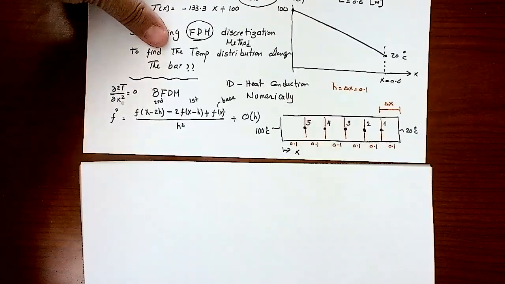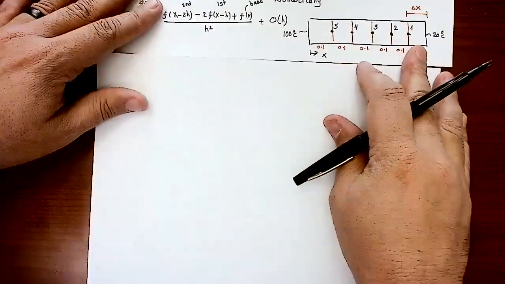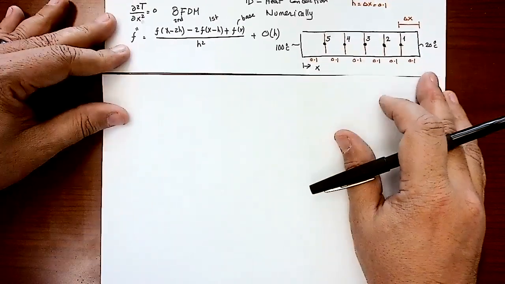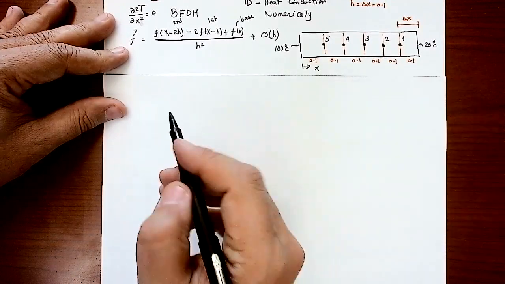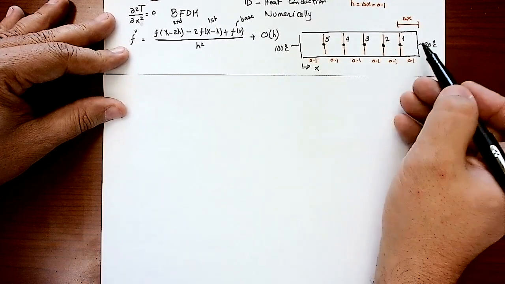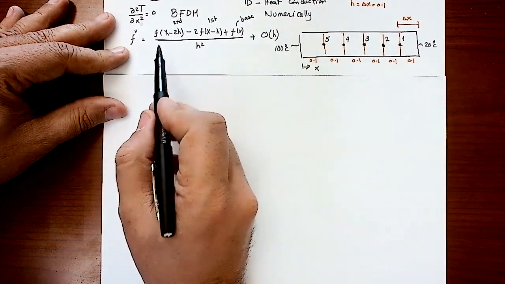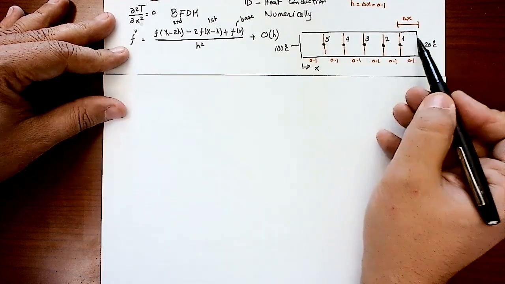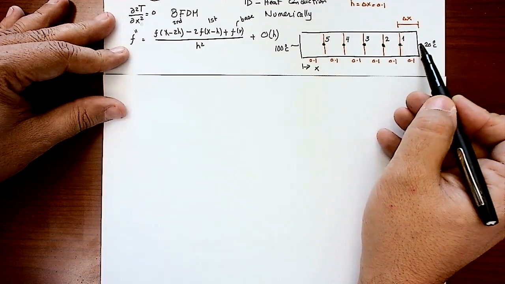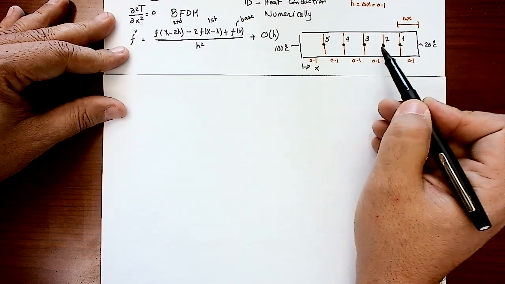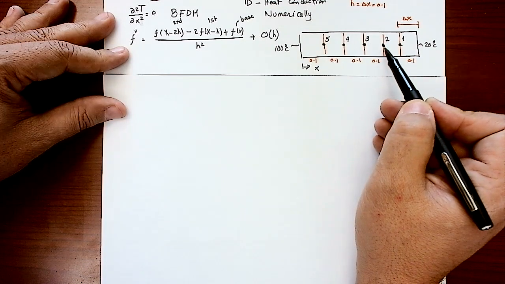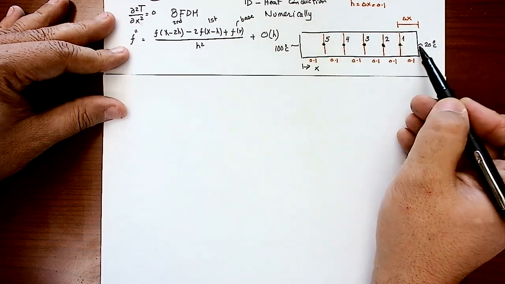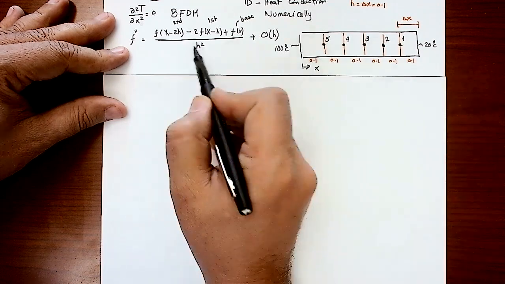So if I would like to apply that for the face of 20, I'm just going to keep this side by side so you can see what I'm doing. This equation is telling me that the second derivative at that face is equal to the second node before, which is number 2, minus 2 of the node before, which is node number 1, plus the value of the base point, which is 20, divided by h squared.